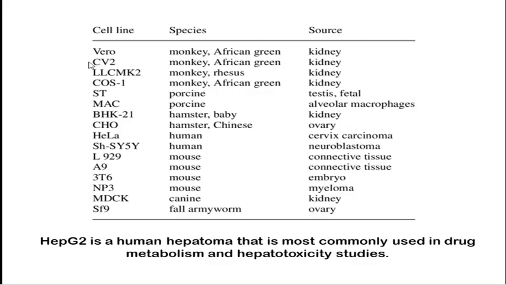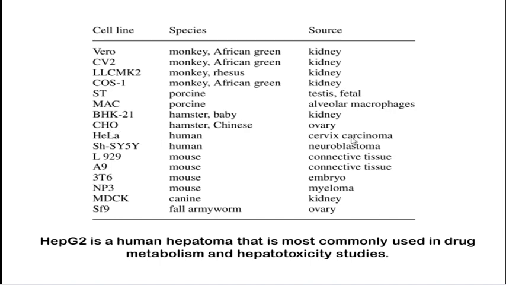If you take some other cell lines, like the Vero cell line, CV-1 cell line and COS-1 cell line, they are derived from the kidney of African green monkey, and LLC-MK is from the kidney of rhesus monkey. ST is from testis and fetal tissue of pig, and MAC is from alveolar macrophages of pig. BHK-21 is isolated from the kidney of baby hamster, and CHO is from the ovary of Chinese hamster, that is Chinese hamster ovary cell line.